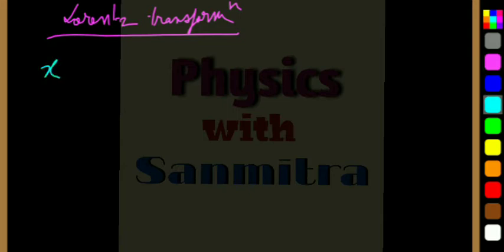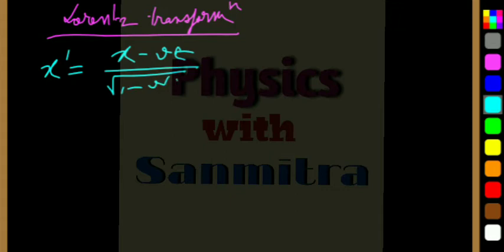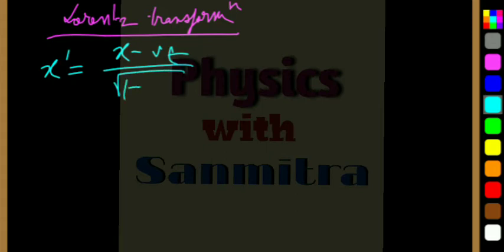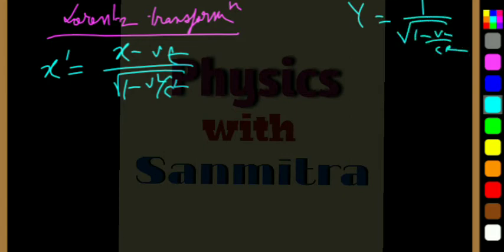X dash, that is the new frame, I can write as x minus vt divided by root over of 1 minus v squared by c squared. Let me take a notation here, where gamma is equal to 1 by root over of 1 minus v squared by c squared. We will be using gamma a lot.